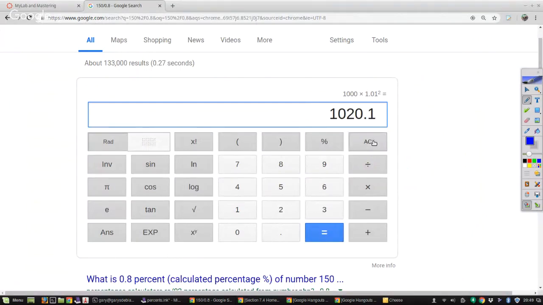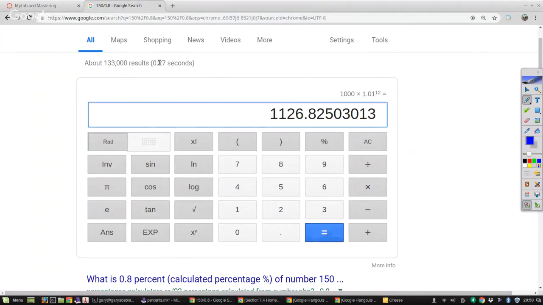Figure out what happens in the 12th month. I take my $1,000 and multiply by 101%. And I do that multiplication 12 times, which means I have 12th power. And I'm going to get $1,126.83 if the bank can round up, which they have the choice not to.